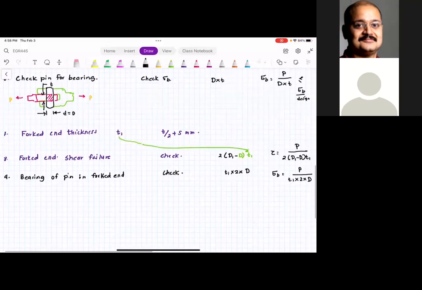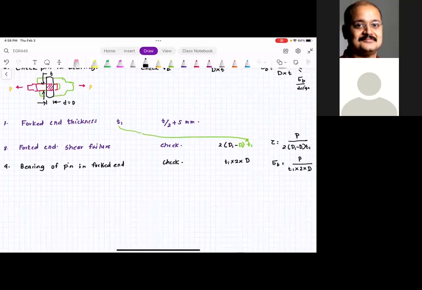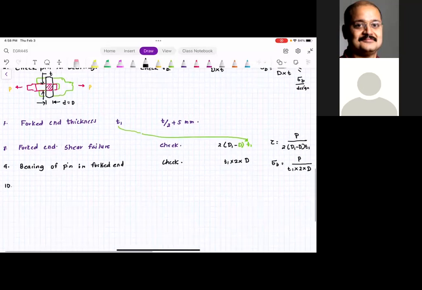Now here is something else that I want to discuss in a little bit more detail. So this is bending of pin. Now in the last class, I talked about checking the cotter for bending.